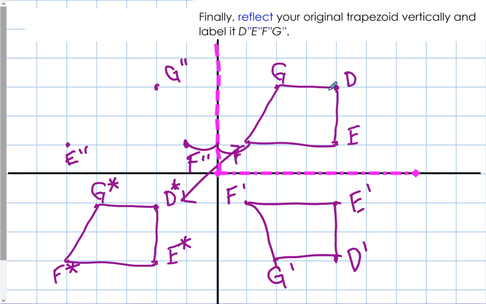Lastly, D is 1, 2, 3, 4 units from the mirror line. And it looks like we have made an error somewhere. My mistake, E prime, or our original point E, is only 1, 2, 3, 4 units from the mirror line.